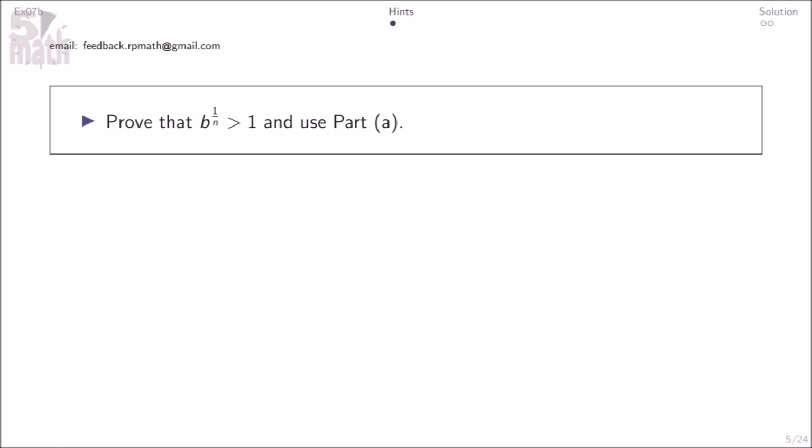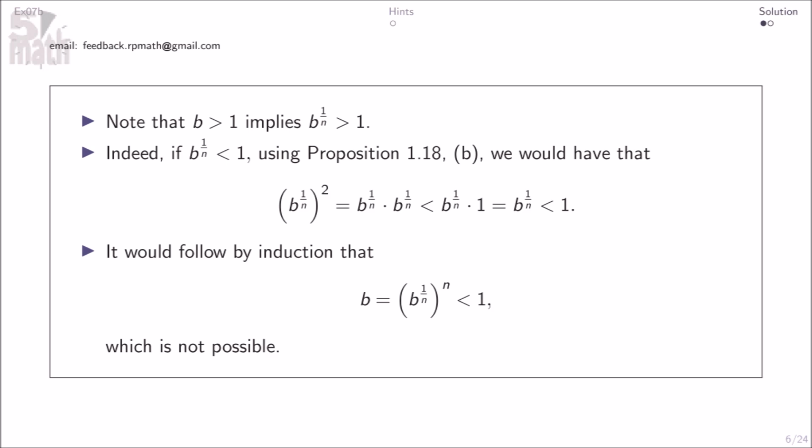Prove that b^(1/n) > 1 and use part A. Note that b > 1 implies b^(1/n) > 1. Indeed, if b^(1/n) < 1, using proposition 1.18b, we would have that (b^(1/n))² < 1.